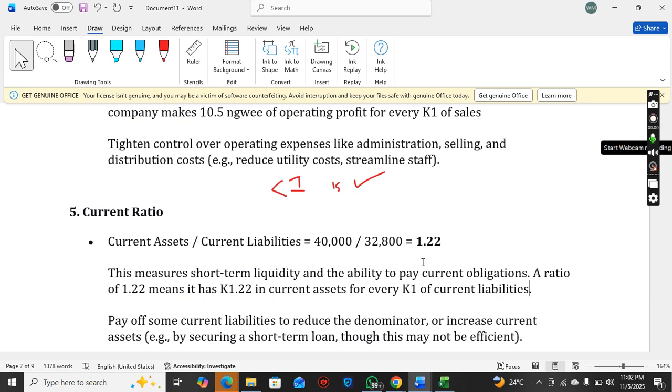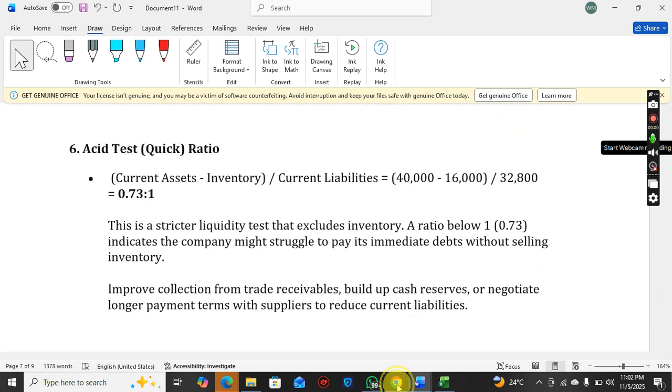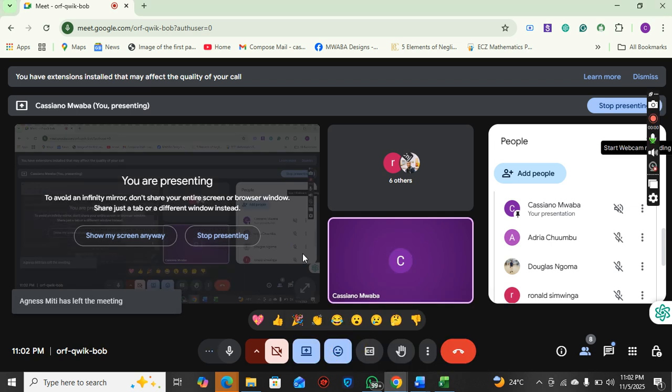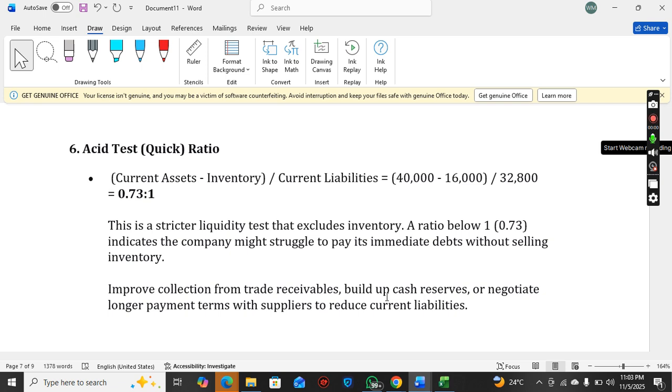Okay, we've now got the quick ratio. Here we're saying, if we exclude inventory from your current assets, can you still take care of your current liabilities? A quick ratio greater than 1 means you can cover all your current liabilities with your current assets, excluding inventory.